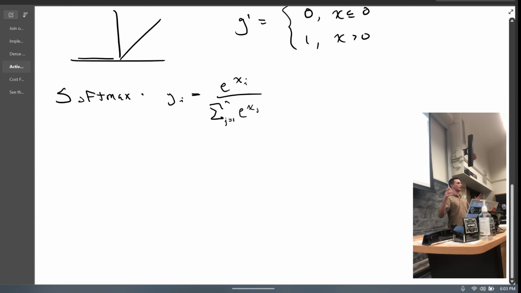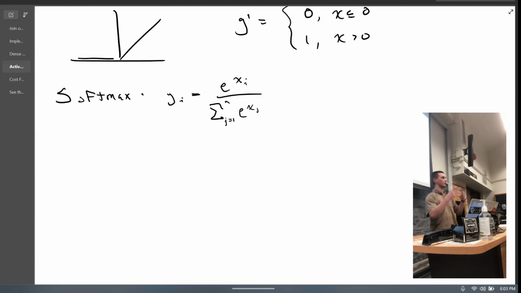Well, it's basically squeezing our entire output vector to values between 0 and 1 so that the total sum adds up to 1. And then these can be interpreted as probabilities. So if you think about a classification problem, we are going to eventually compute some output such that the output of softmax corresponds to the probability that our input belongs to each class.